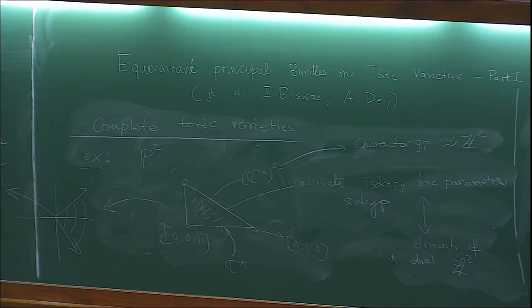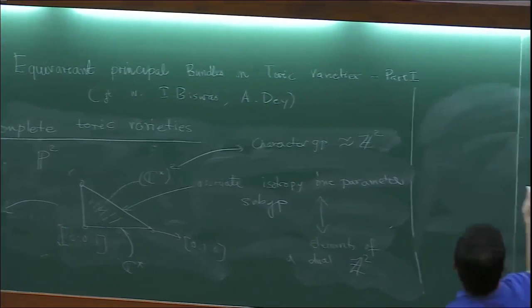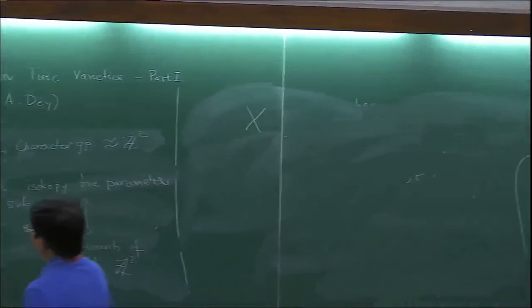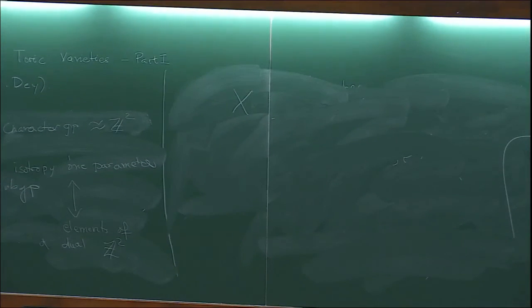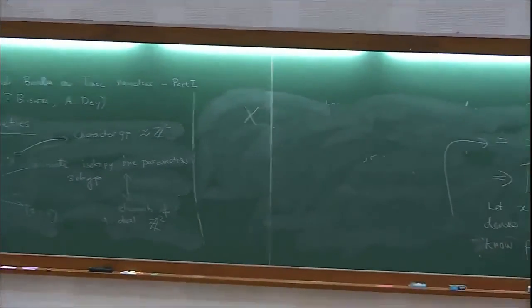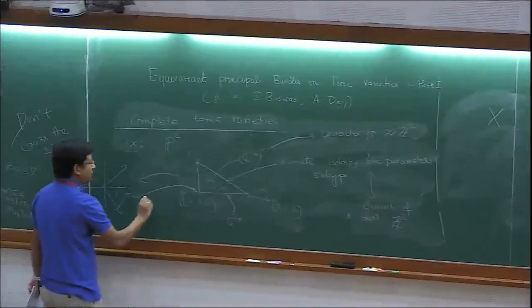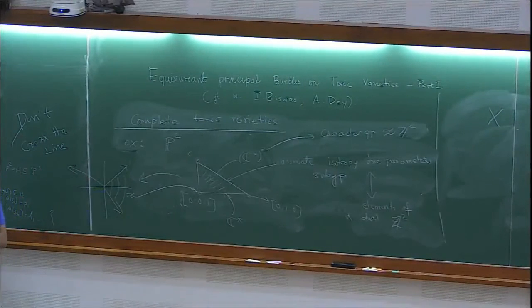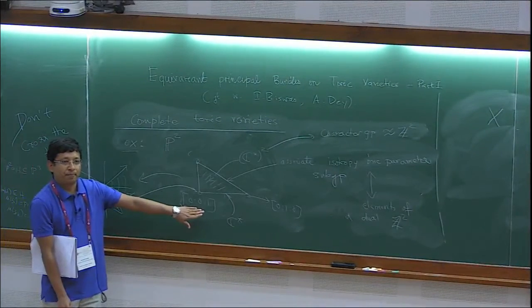Now, you notice that in X there are such cones, sigma, and you can identify those sigmas with the torus fixed points.